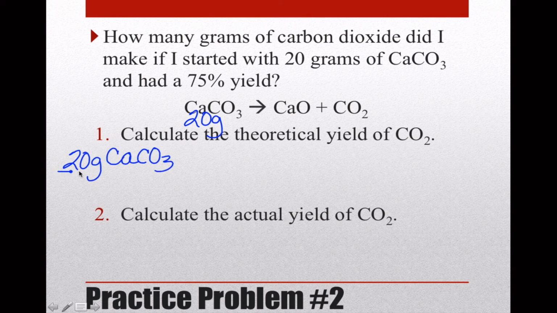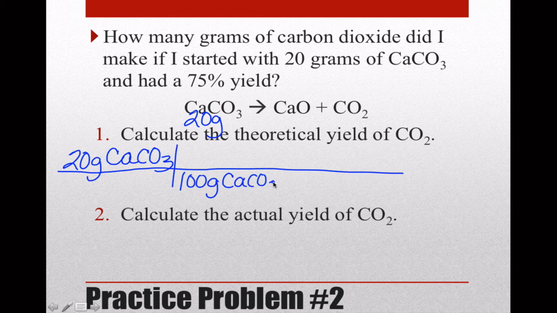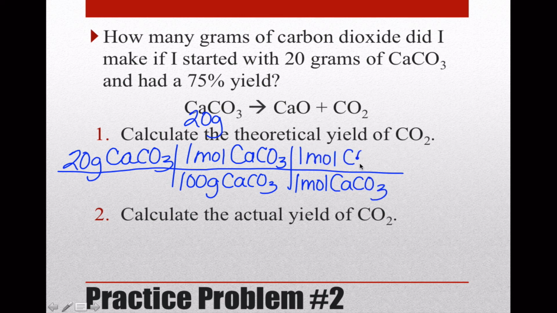And I'm going to start with 20 grams of calcium carbonate this time. It's still 100 grams from the periodic table, and that is 1 mole. And then our mole ratio is still 1-to-1 because there are no coefficients up here. So 1 mole of calcium carbonate produced 1 mole, and this time we're doing carbon dioxide because it says that right here.